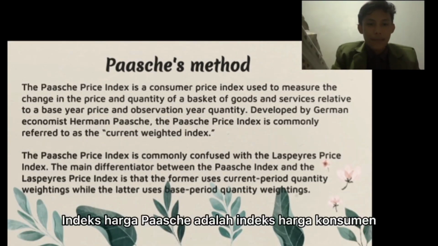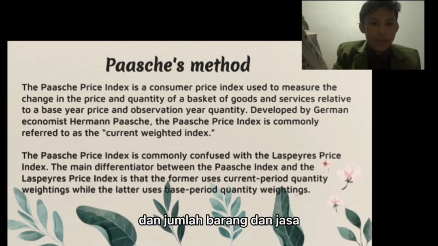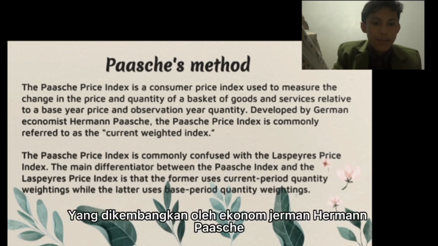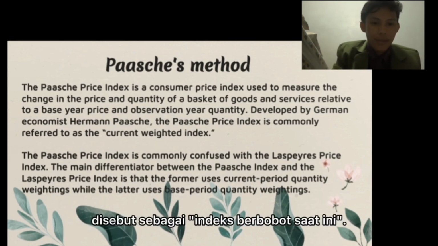Next, the Paasche price index is a consumer price index used to measure the change in the price and quantity of a basket of goods and services relative to a base year price and observation year quantity. Developed by German economist Hermann Paasche, it is commonly referred to as the current weighted index.